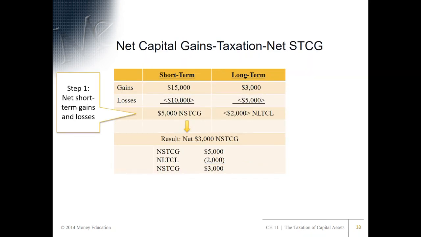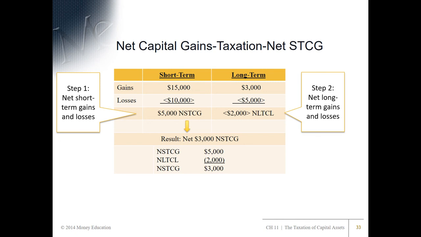Okay, here we've got again a net short-term capital gain of $5,000, a net long-term capital loss of $2,000. Now, these are of different signs, and so we're going to continue the netting process since one is a gain and one is a loss. We're going to net them together. And so we've got a net short-term capital gain minus the net long-term capital loss gives us a $3,000 net short-term capital gain.